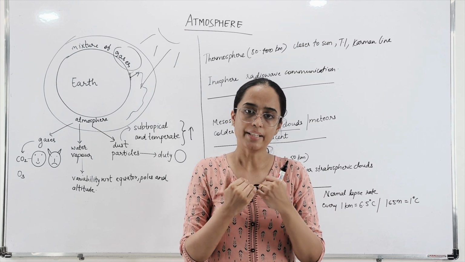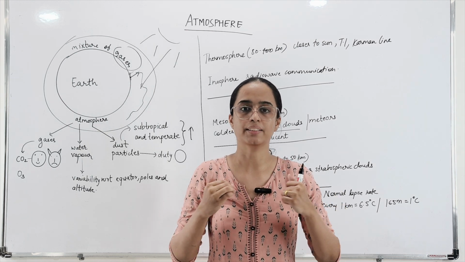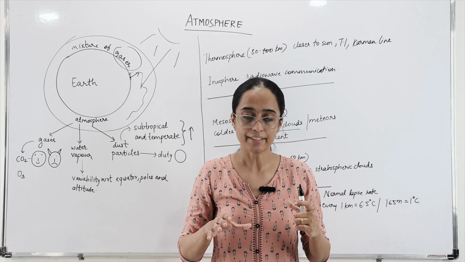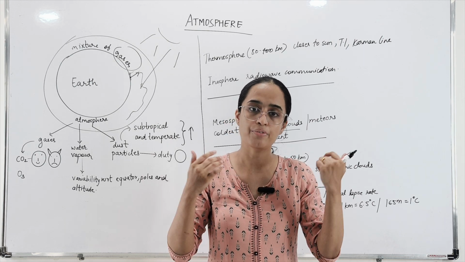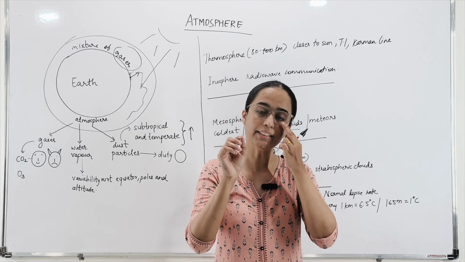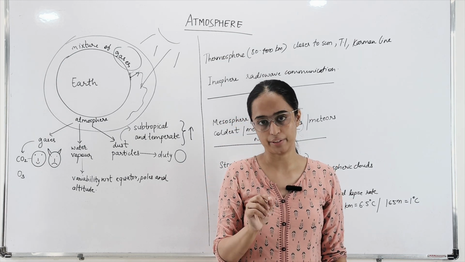Because of this, there is a habitable temperature that is being maintained on the Earth, and hence I, you, and we all, and all other living beings can survive on this Earth. This is the importance of carbon dioxide.